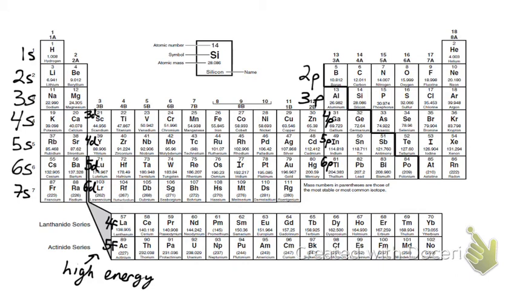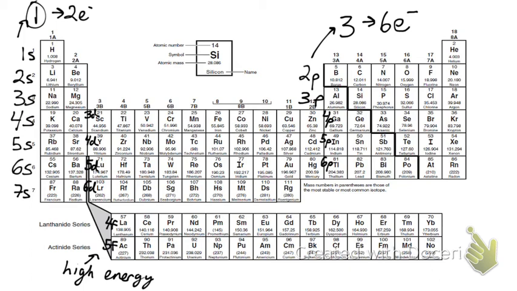And remember, again, for s orbitals, there's only 1 type, which means 2 electrons. For p orbitals, there is 3 types, which means 6 electrons.